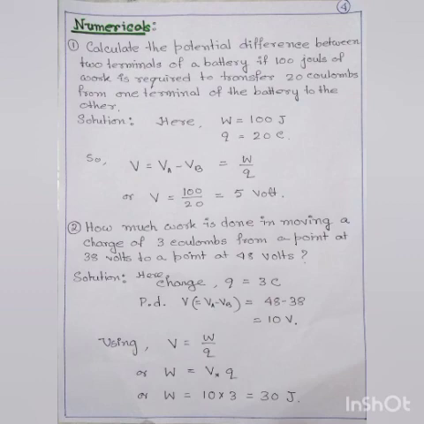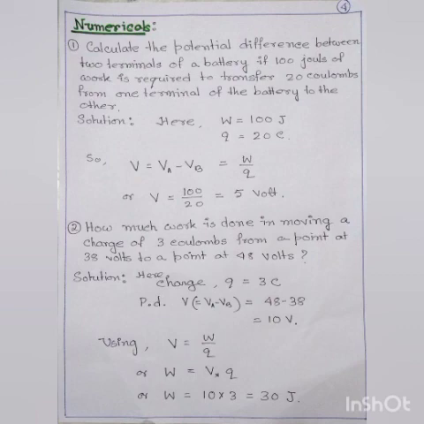Clear? Next, number 2. How much work is done in moving a charge of 3 coulombs from a point at 38 volts to a point at 48 volts? What is the amount of charge here? Q equals 3 coulomb. And what is the potential difference? That will be 48 minus 38 equals 10 volt. Now we know the formula for potential difference is V equals W by Q. So W will be equal to V into Q. Just substitute the values of Q and potential difference.